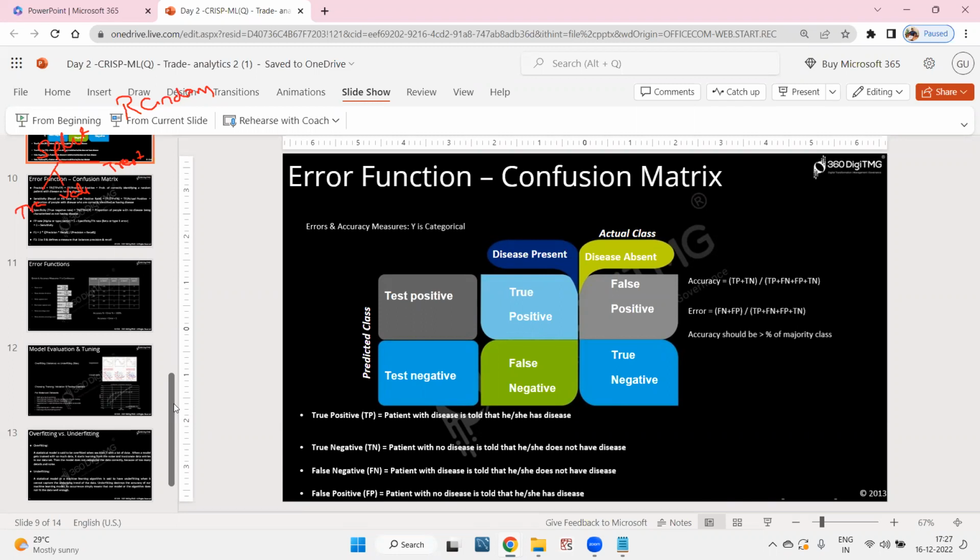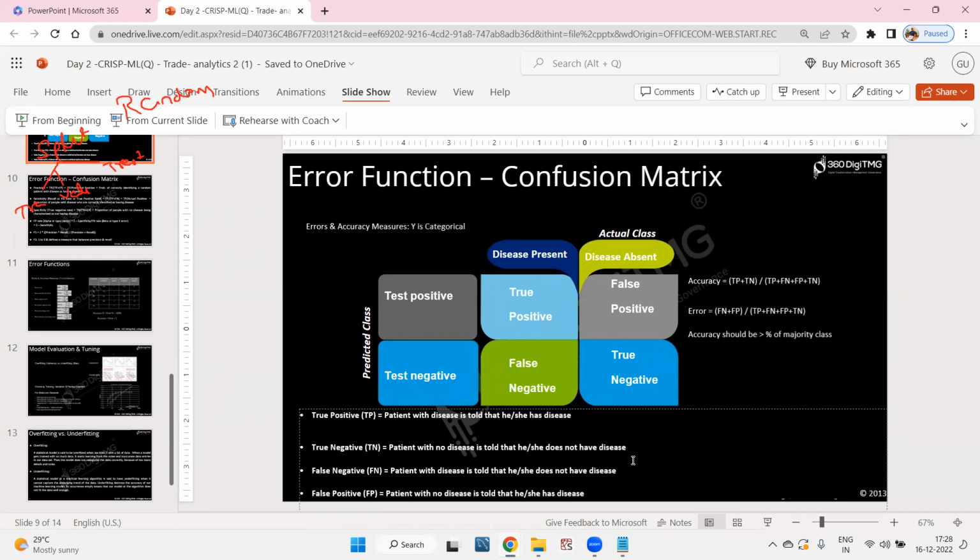That means we find the answer and we test the model. Based on the testing and comparisons, we come out with accuracy.